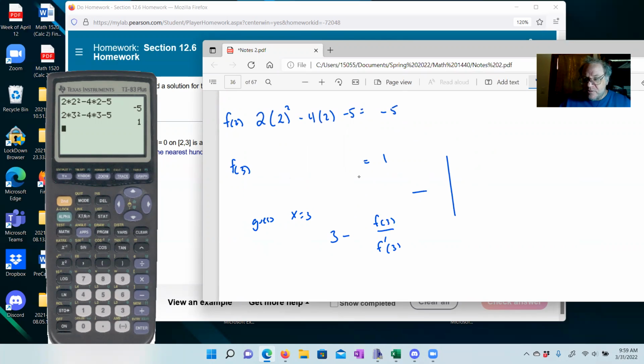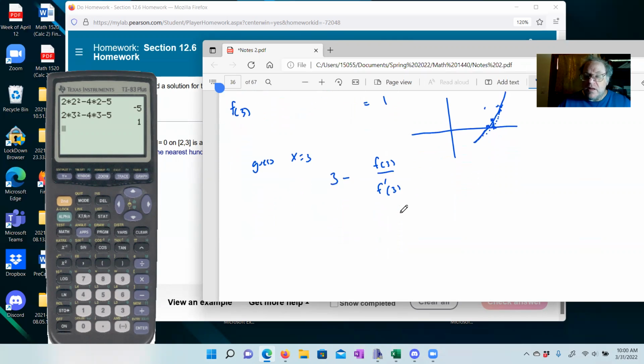What's happening here is we have our value here and our value here, and we know there's a zero in between. So we track down the slope here and figure out what the value is, and then we come back up, and that'll be our new value. From here, this will be our next guess, and we'll track this down again and see how close to 0 we can actually get for our f of x.